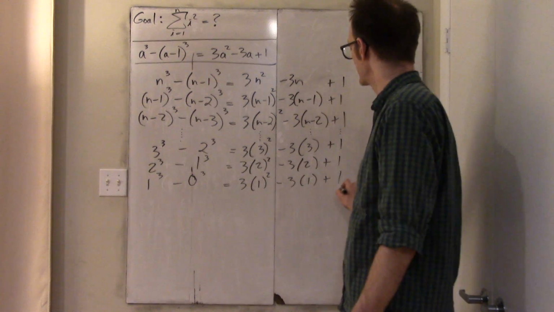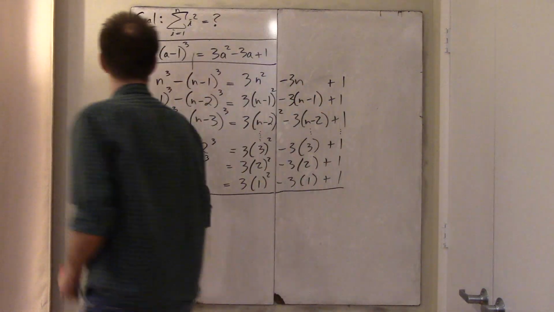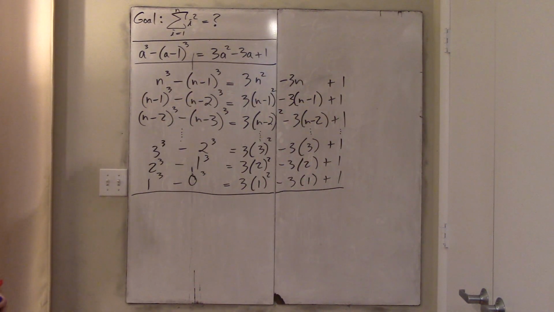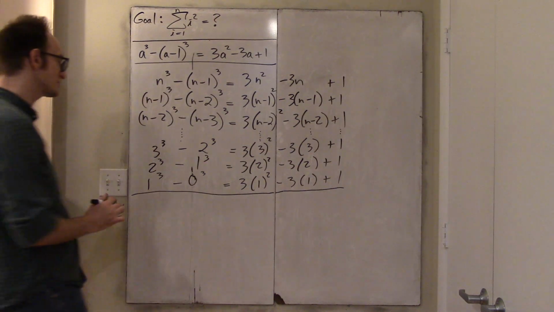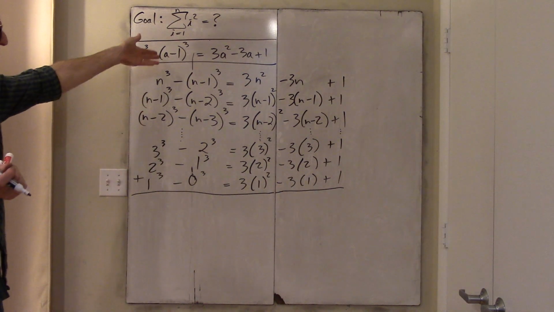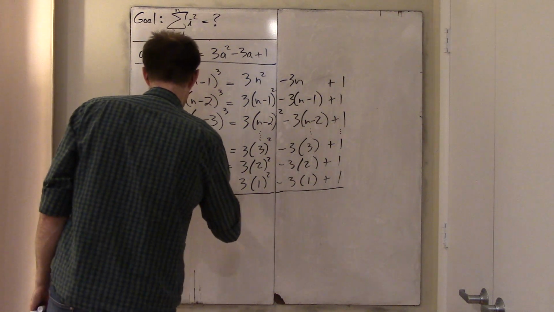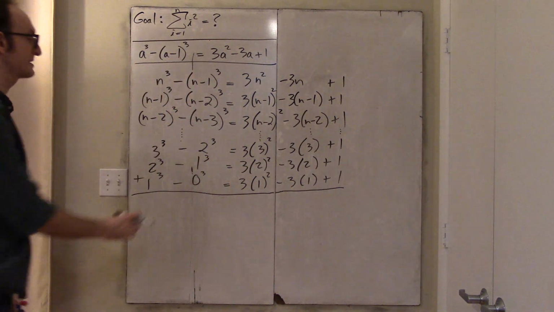Each of those equations is of the form a cubed minus (a minus 1) cubed. But we set them up in such a way, well, maybe I'll just say it right now: what we're going to do with these equations is add them. And the entire left-hand side, just as before, kind of by design, telescopes.